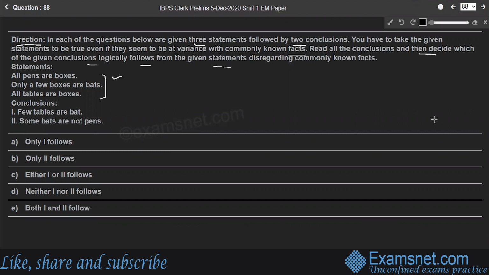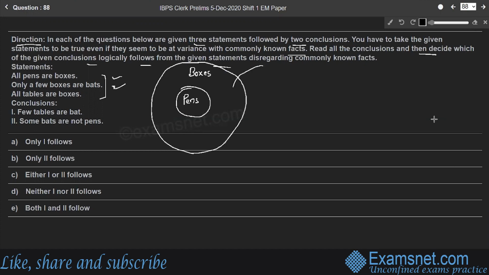First one, all pens are boxes. That means there is a set of pens which is included in the set of boxes. So this represents all pens are boxes. Second statement, only a few boxes are bats.